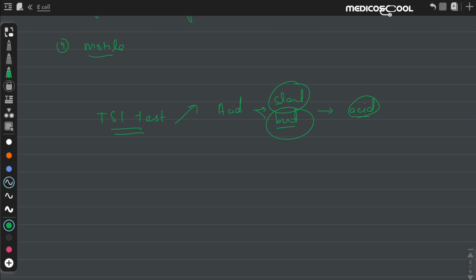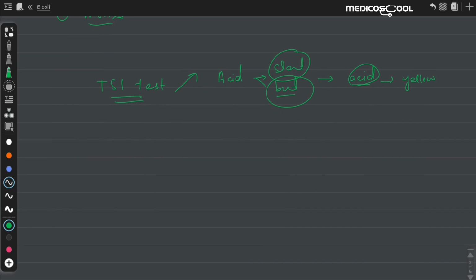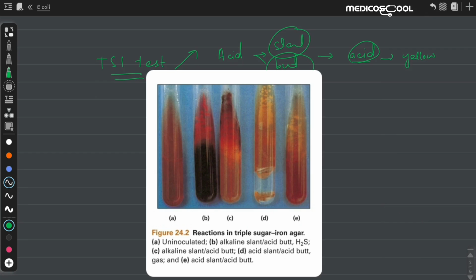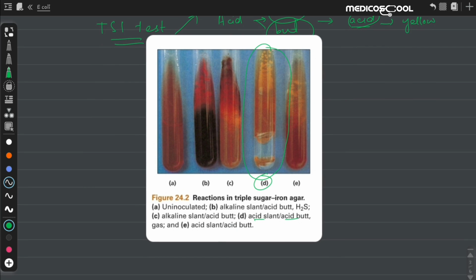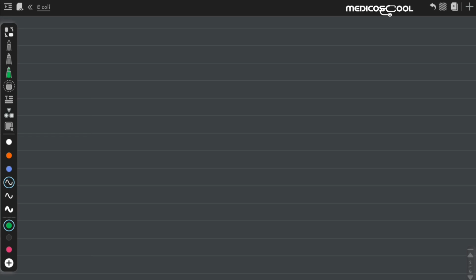There will be an acidic slant and butt, i.e. the phenol red changes color to yellow at both slant and butt. I will try to show you the picture. This is the test tube with acid at both slant and butt, which you will see for Escherichia coli in the TSI test.